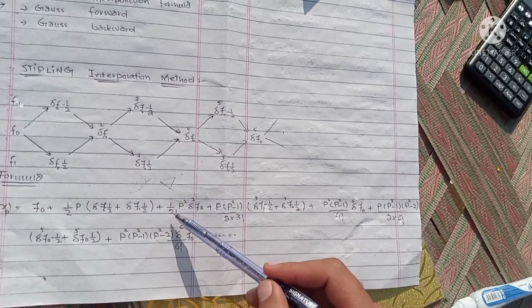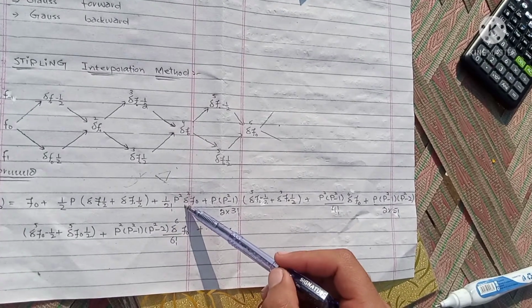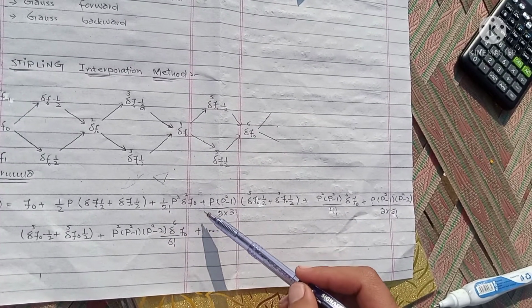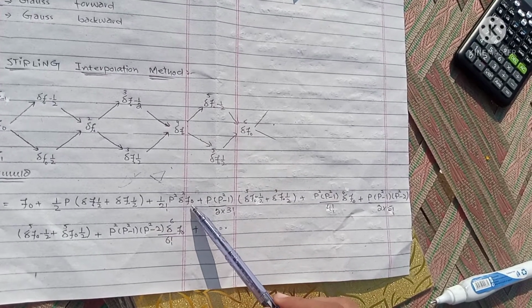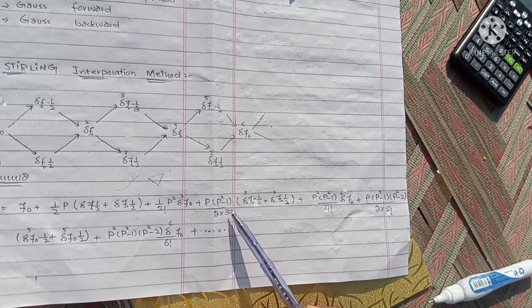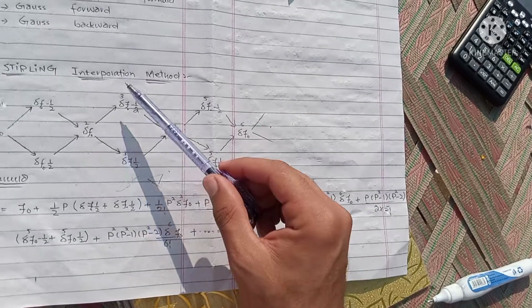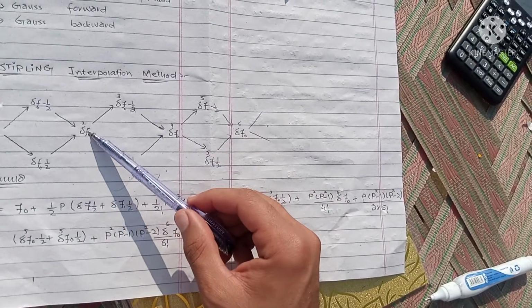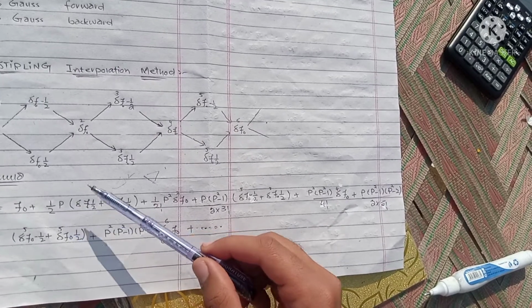Here we write nothing. 2 factorial comes with this, then 3 factorial, 4 factorial. Whenever we divide into two equal parts, we write 1/2 with the sigma.